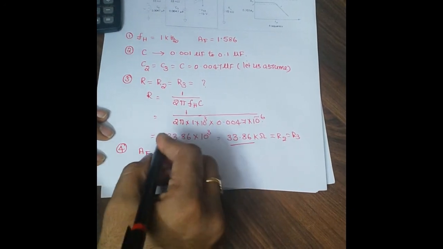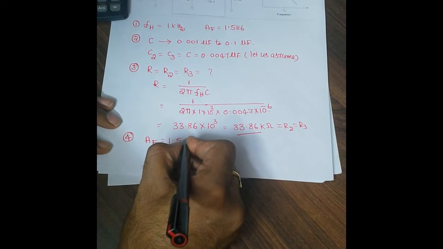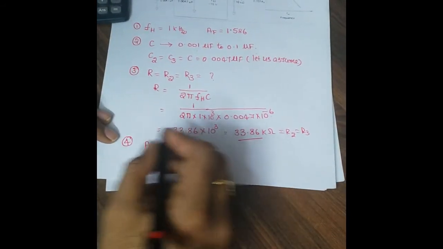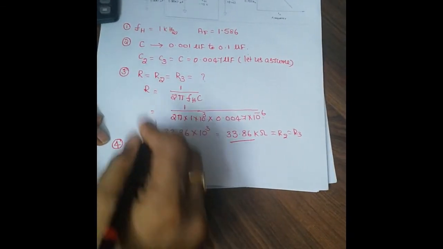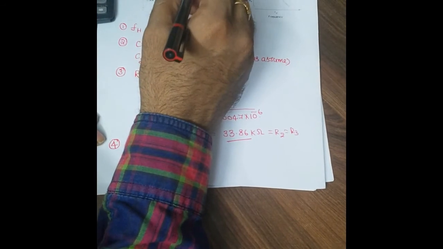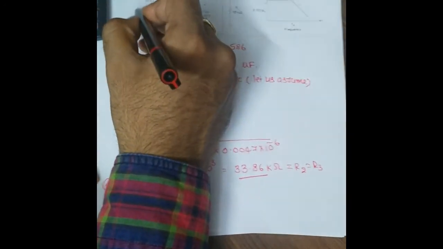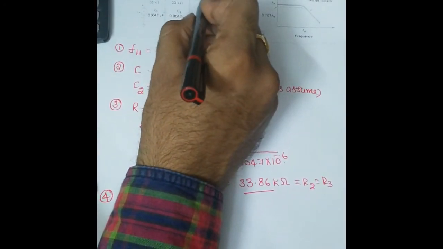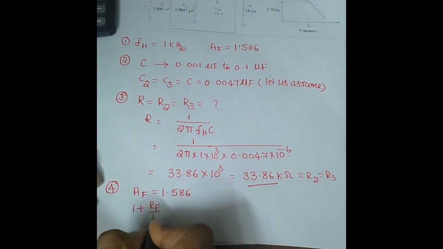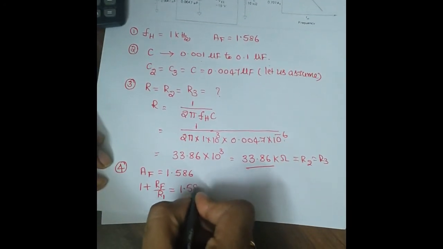After that, I will take the value of passband gain. For a Butterworth filter, I already told you that it must be equal to 1.586. Then it will ensure that it is a Butterworth filter. Since it is a non-inverting stage, how are we saying it is a non-inverting stage? Because the input is given to the non-inverting terminal, that is the plus terminal. For this the gain will be 1 plus RF divided by R1 equal to 1.586.